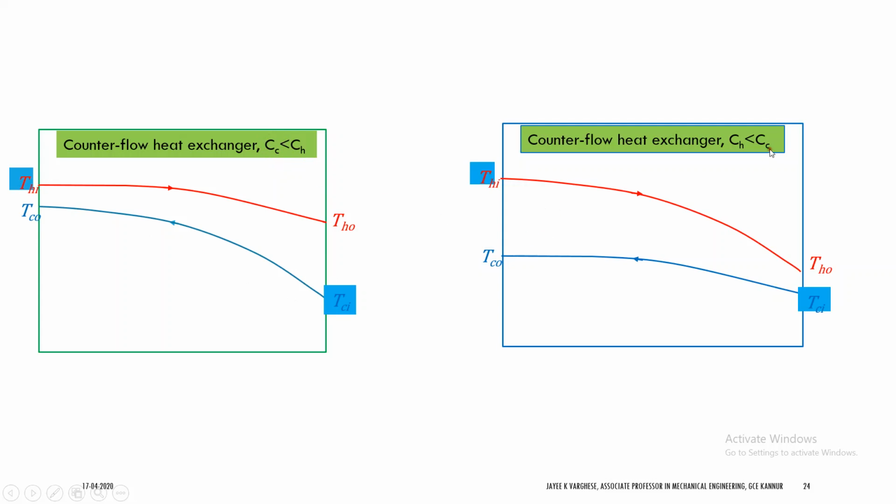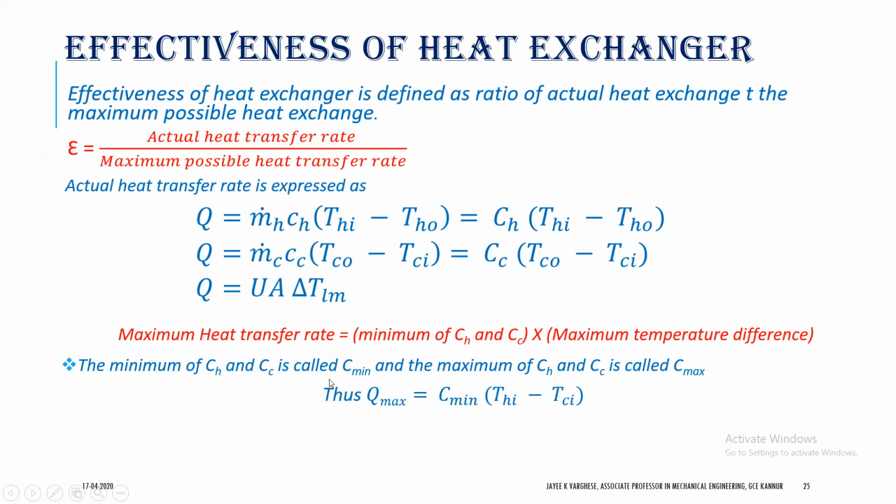Or if CH is the fluid having the minimum heat capacity, this will be the heat capacity of the hot fluid, the minimum fluid. So CH into THI minus, instead of THO we will write TCI, because THO is going to tend towards TCI. I'll go to the next slide. Now we have two cases.